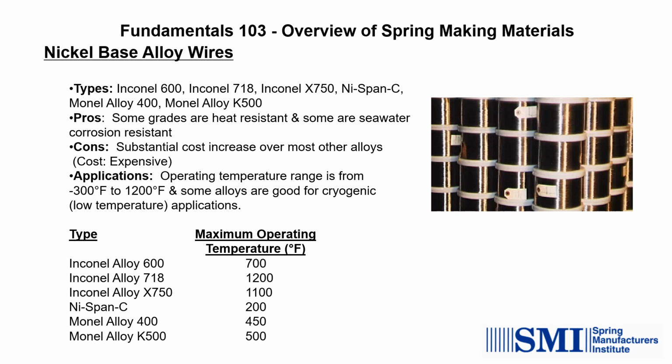Some alloys are heat resistant, and some alloys are seawater corrosion resistant. Cons: substantial cost increase over most other alloys. Applications: operating temperature range is from minus 300 degrees Fahrenheit to 1200 degrees Fahrenheit, and some alloys are good for cryogenic applications.